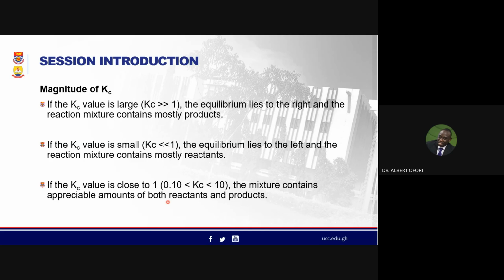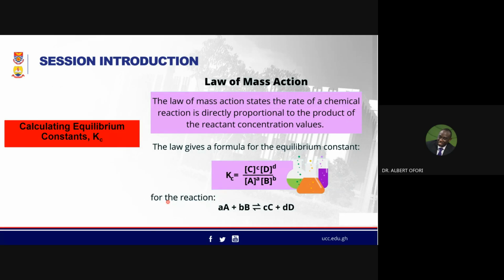What is the meaning of the equilibrium constant value? If that is understood, then I think it will be okay if we start doing something. I've explained the law of mass action, which leads to activity. The law of mass action states that for every chemical reaction, the rate of that reaction is proportional to the product of the concentrations of the reactants.